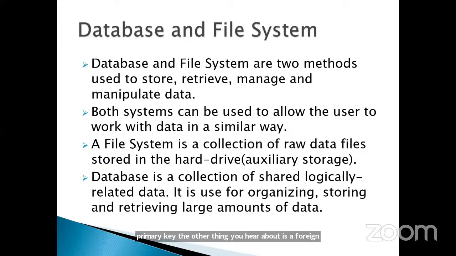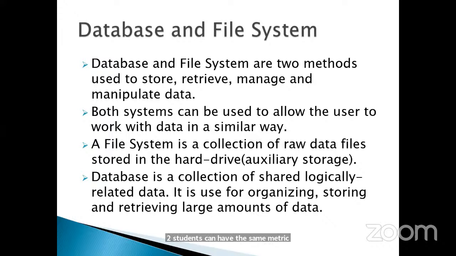A primary key is a unique identifier. What it means is that it's something that uniquely identifies the records. In the case of a student's database, the primary key there is the matric number. What it means is that no two students can have the same matric number.